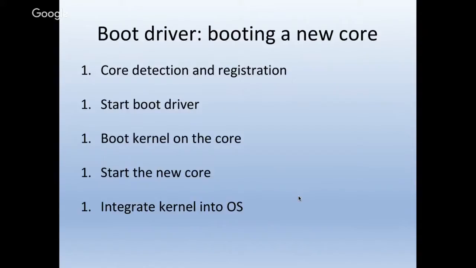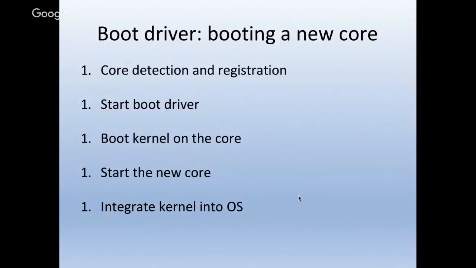A new core is brought online in five steps. First, the new core is detected by some platform-specific mechanism, and on its appearance registers with the device management subsystem. The second step is that Barrelfish DC selects and starts the appropriate boot driver for the new core.